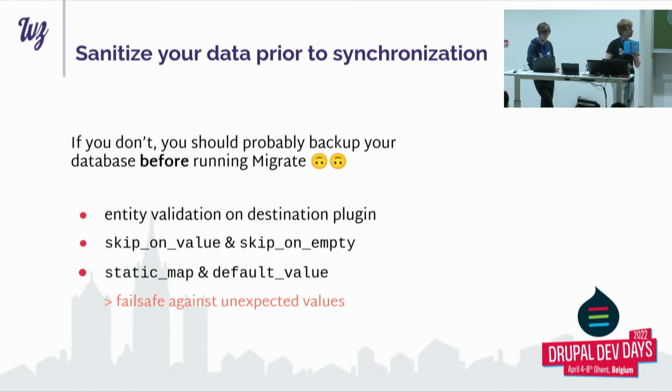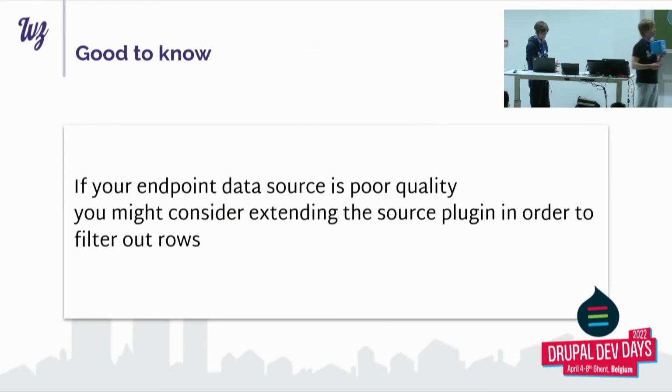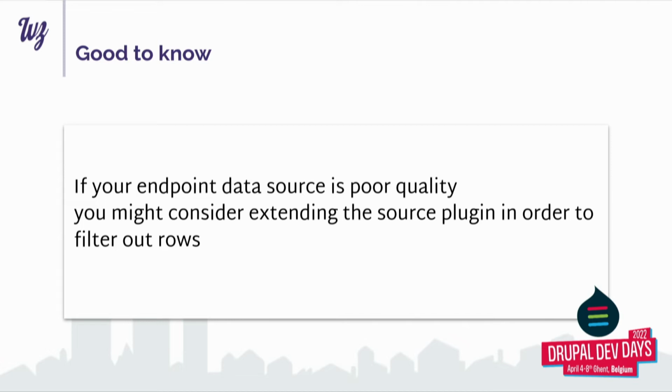Another thing we did, for when the API is extra crappy and doesn't provide IDs or stuff like that, is extending the source plugin, which is also really easy to do, to filter out stuff directly before coming into the process pipelines.